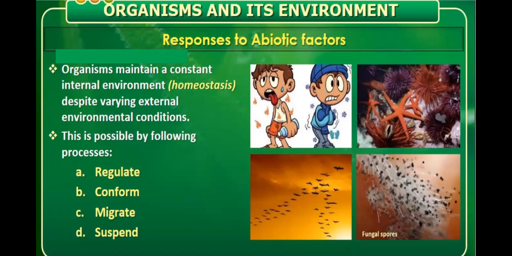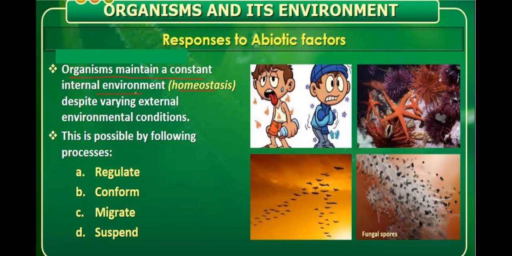Then, responses to abiotic factors. Organisms maintain a constant internal environment, which is called homeostasis. Some definitions will be there. What do you mean by homeostasis? Maintaining a constant internal environment is called homeostasis. Sometimes external factors are changing, but the internal environment is constant.